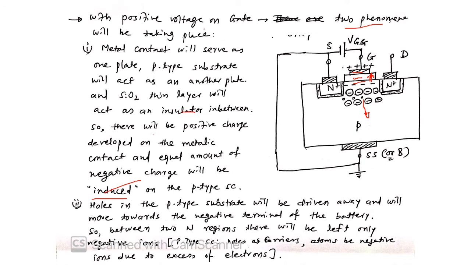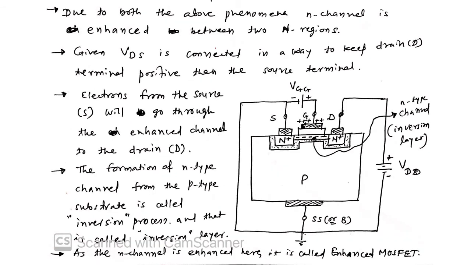So overall this region is negatively charged, and this is where we can say an n channel is formed. With that N channel, there is also a no-space, no-charge region developed, which is like this. But this is the N channel region, which means electrons can now easily flow through this.